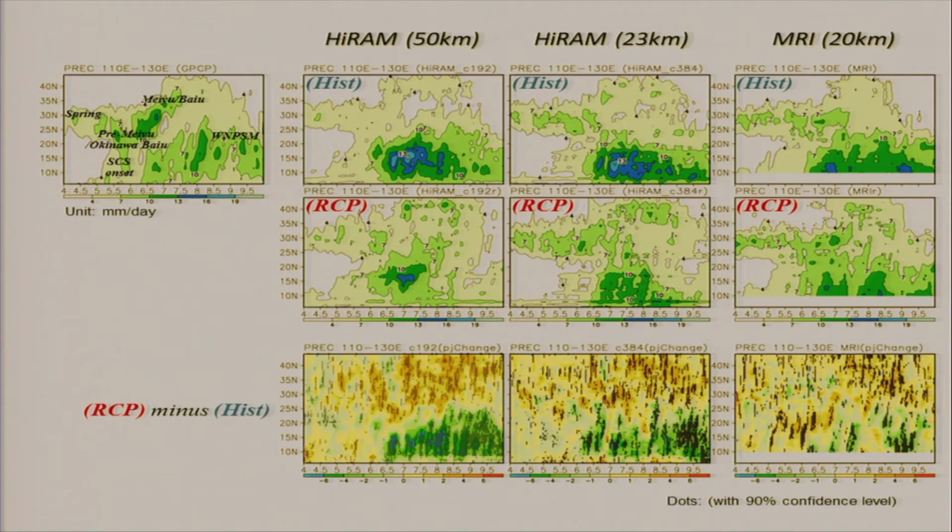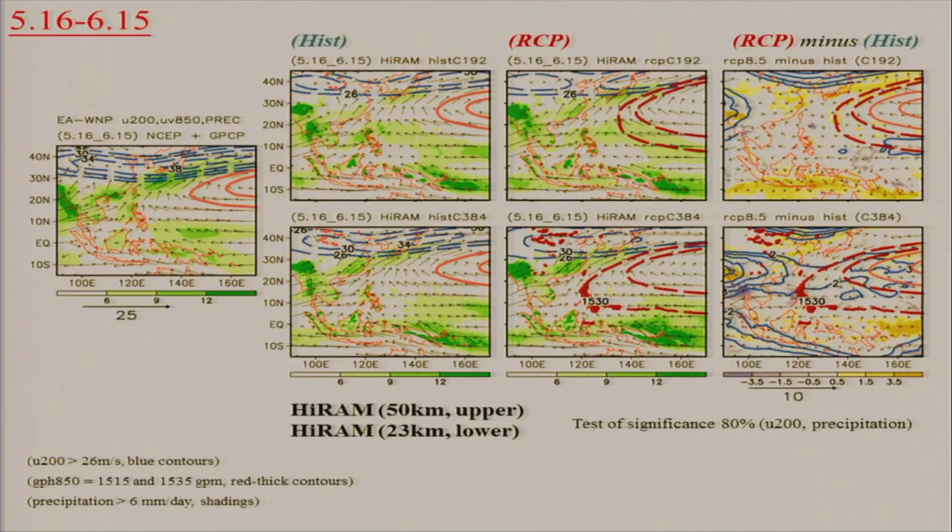And this is the MRI result. Generally, in the future climate under the RCP scenario, the precipitation might increase in the mid-latitude and decrease over the subtropical area. It can also be seen in the MRI result, but with a little difference over the WMP.